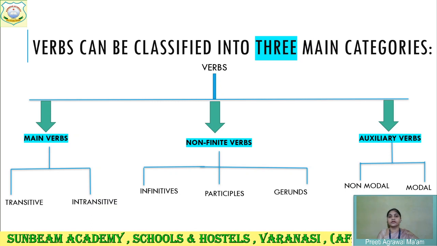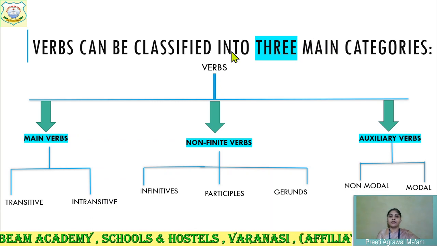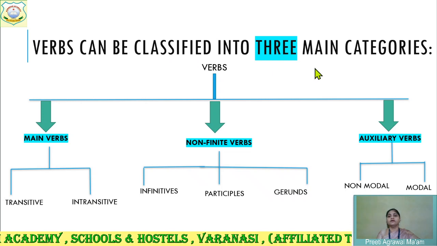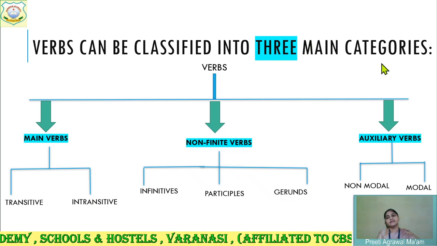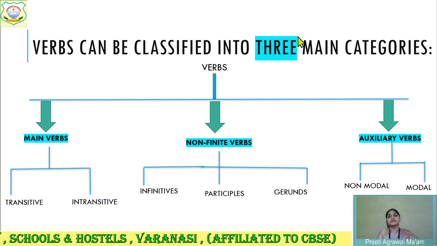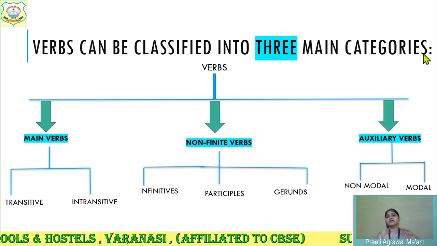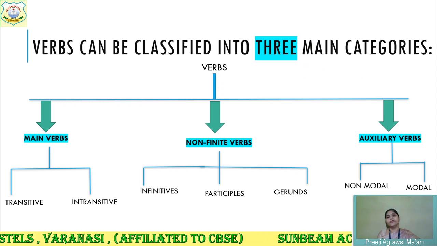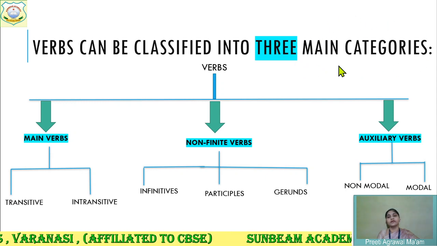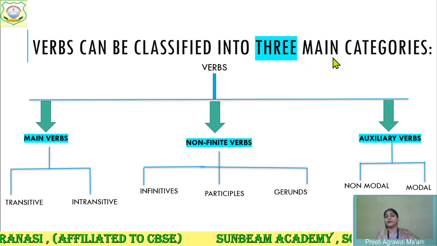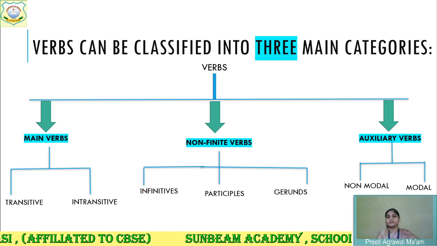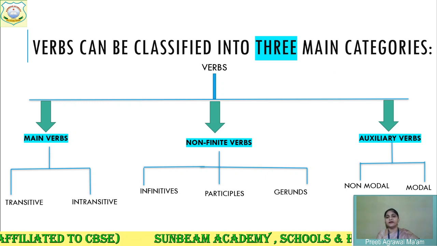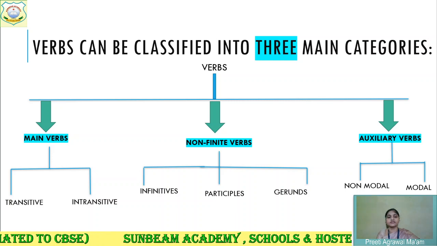Causative verbs are also there. I want to tell you only the main categories, otherwise if I take all the verbs, this whole class will be based on verbs only. But what is your topic? Non-finite verbs. That's why it's enough to understand these three main categories.